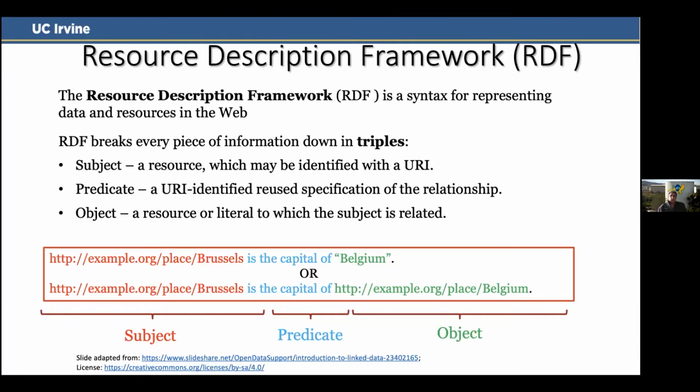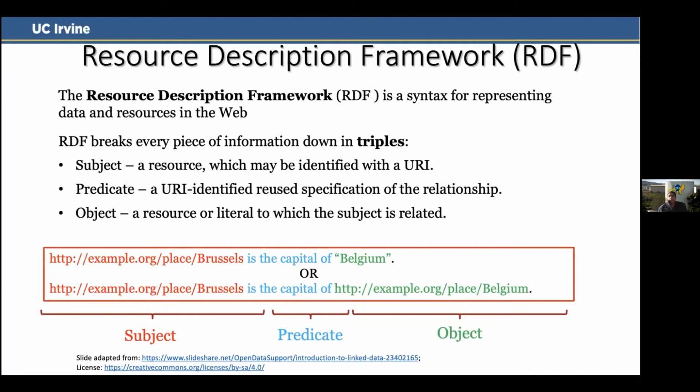So the example below, I guess, makes it very explicit. Here we're trying to say something about Brussels being the capital of Belgium. You can write that in a sentence, Brussels is the capital of Belgium, or you can do it in a linked data style where you have a URI that points you to what Brussels is. You have another URI for the predicate. In this case, it is the capital of, so you'd have a predicate that described what it meant to be a capital.